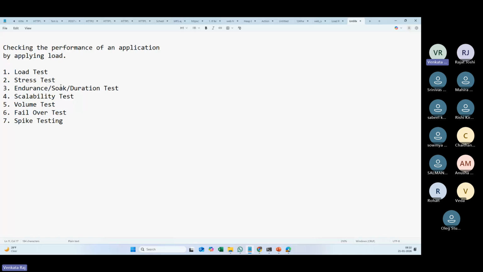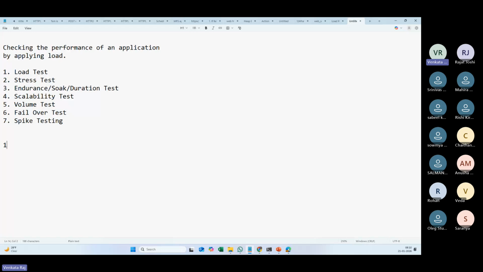We will be discussing those important terms and terminologies tomorrow first, followed by failover test and how we will be executing it, because we need a clear approach while doing a failover test, as we need some assistance from either the dev team or the admin team. We'll discuss that in detail tomorrow, but let's try to understand the other types of tests today.